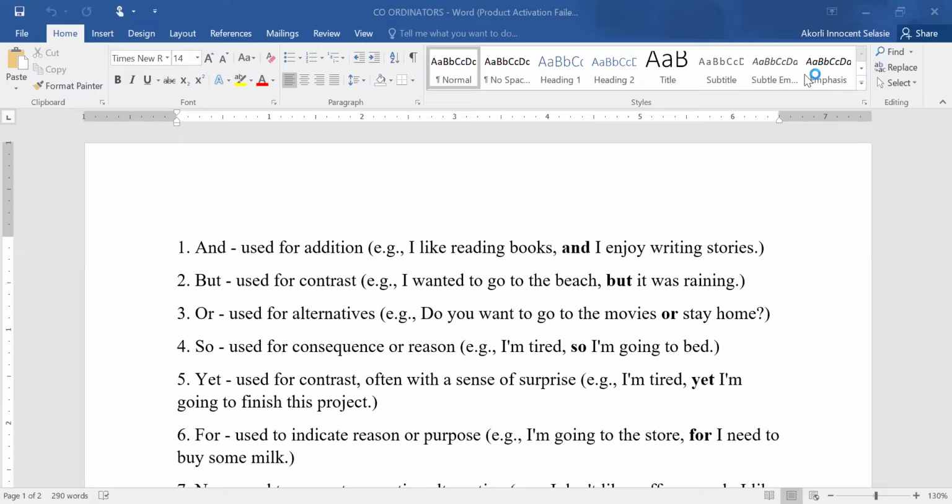Now, what I want to talk about is that these coordinators serve a purpose. They are not just picked randomly. What I observed was that most of our students just combine the sentences anyhow. In the examination, you are supposed to put sentences together to make sense. It should be meaningful. Now, we are going to string them together. It will be meaningful, but they are not just put in any order.